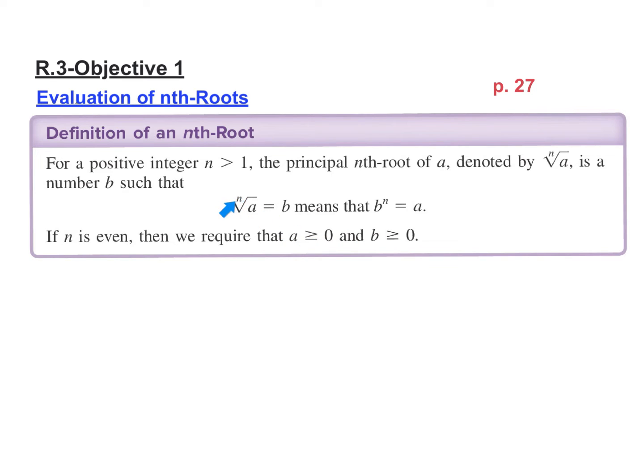Meaning, if this is even and this is negative, then we're going to have a not real solution. Okay, and actually, in many cases, there will be no solution at all. But that's the one qualifier. That's the one exception. If the index is even, this has to be positive, and this has to be positive, or 0. All right, so let's keep that in mind.